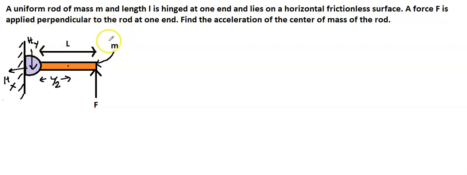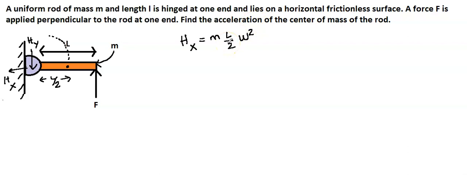Right? So just looking at the center of mass of the rod, we know that it will have a tendency to execute circular motion. So there must be some force that contributes to the centripetal force. And in this case, that's the horizontal component of the hinge reaction. So we can say that Hx equals m L by 2 times omega squared, where omega is the angular velocity.